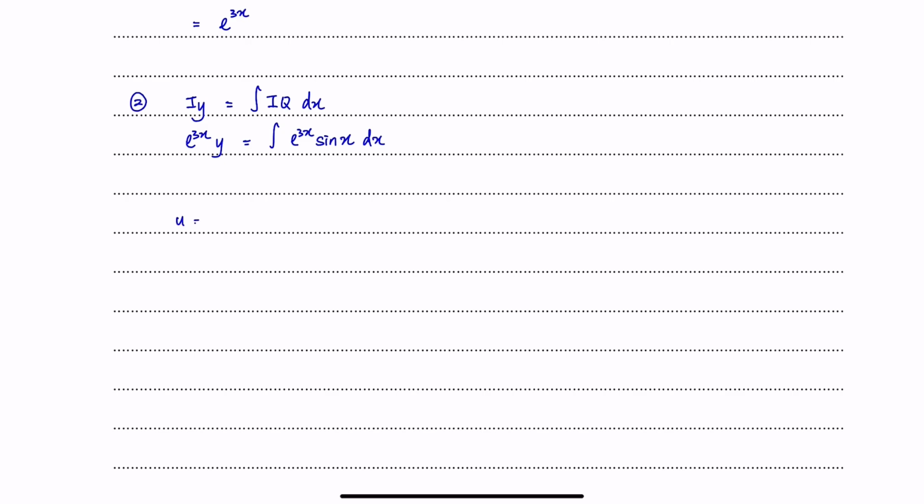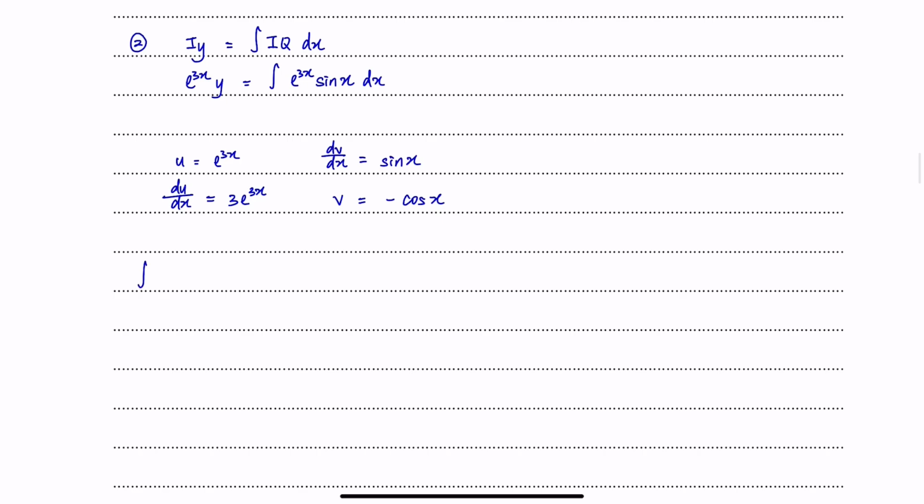So first I write u as e to the 3x and dv/dx as sine x. So du/dx is basically 3e to the 3x, and v would be negative cos x.